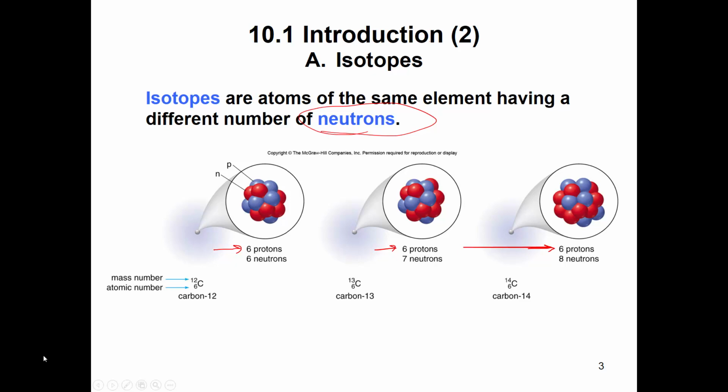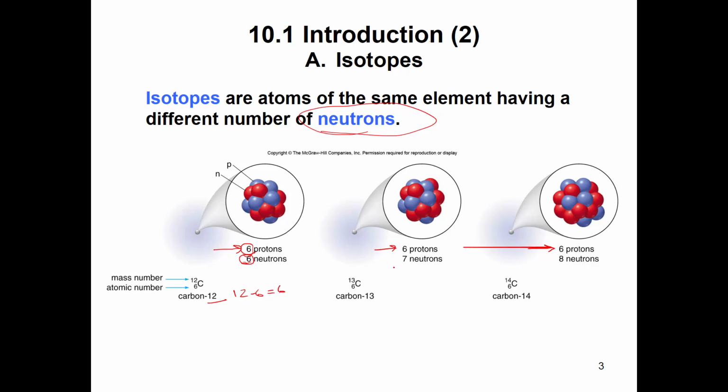And so in this example, this is carbon because it has 6 protons, which means it's number 6 on the periodic table. And I can have 3 isotopes of carbon that vary only in the number of neutrons. The carbon that has 6 neutrons is carbon 12, because 12 minus 6 is 6. That's how many neutrons I have.